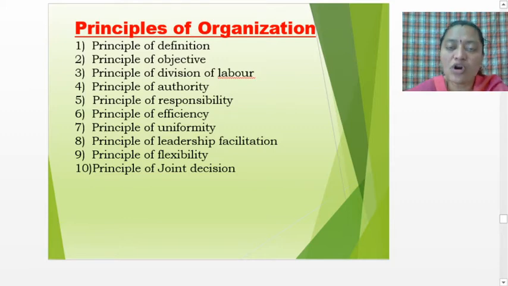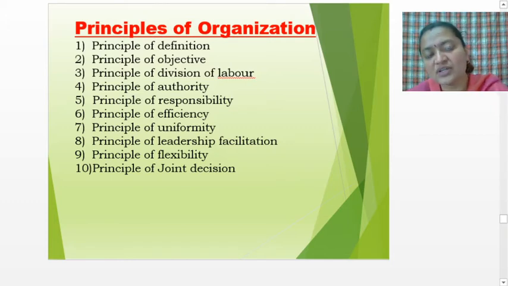So that way, the responsibility given to workers working in process 1 will be given to them. Workers working in process 2, those responsibilities are fixed and given to them. And workers working in process 3, that responsibility will be given to them. That is called the principle of definition, meaning defined or fixed.